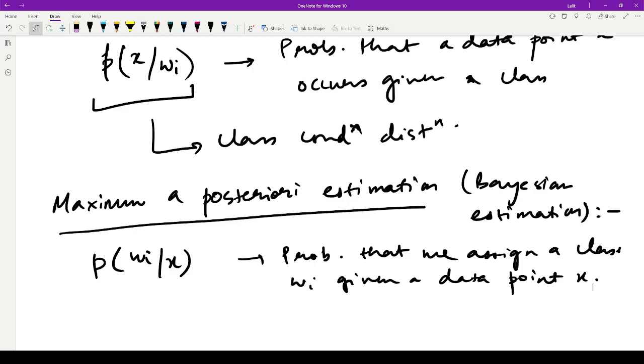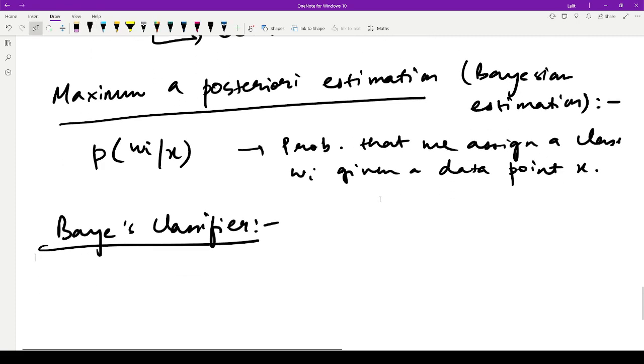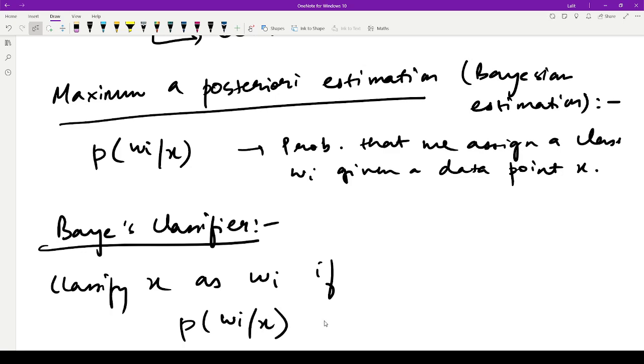So what does the Bayes classifier do? It classifies x as Wi if the probability of Wi given x is greater than the probability of Wj given x for all j not equal to i.